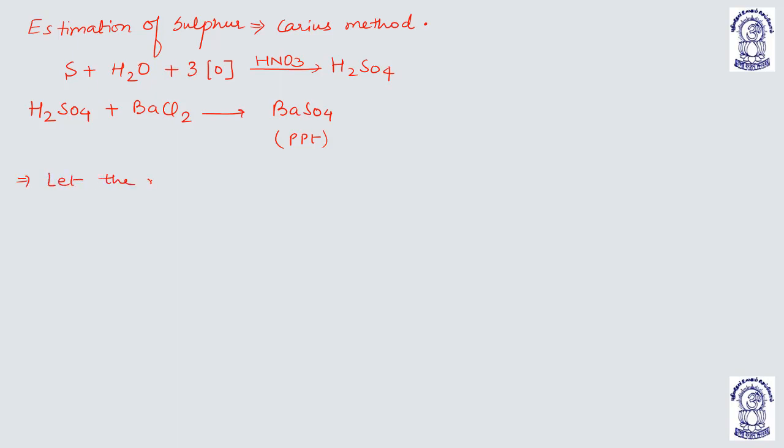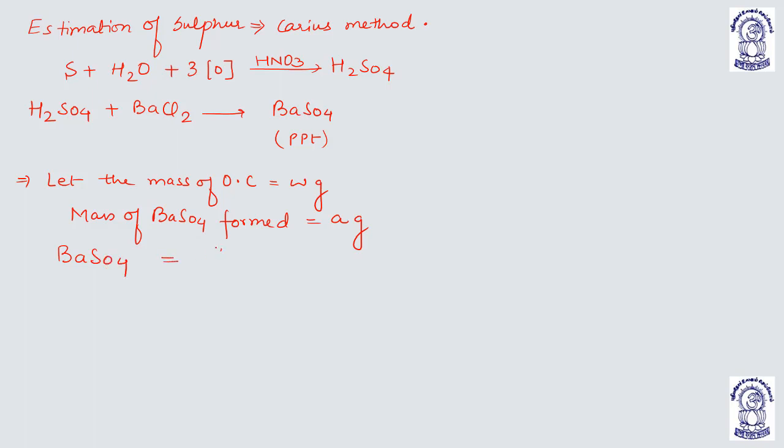Let the mass of organic compound be W grams, and the mass of barium sulfate formed be A grams. 1 mole of barium sulfate will give 1 mole of sulfur.